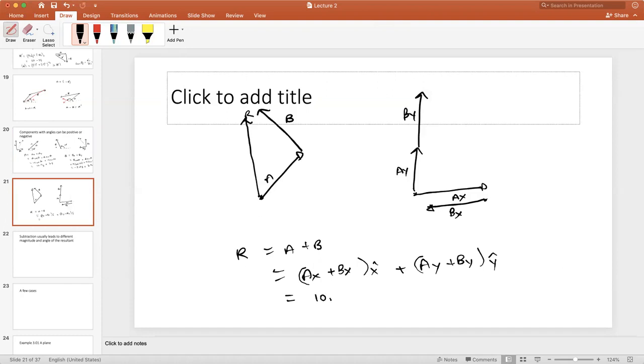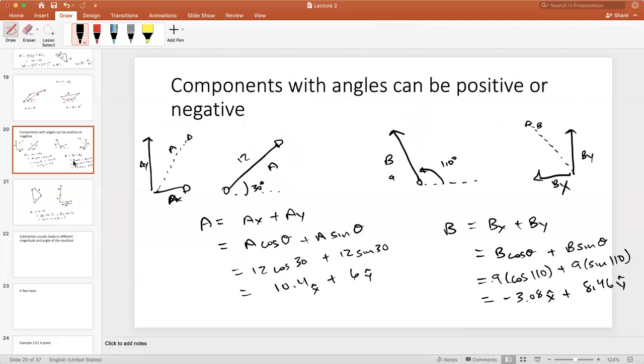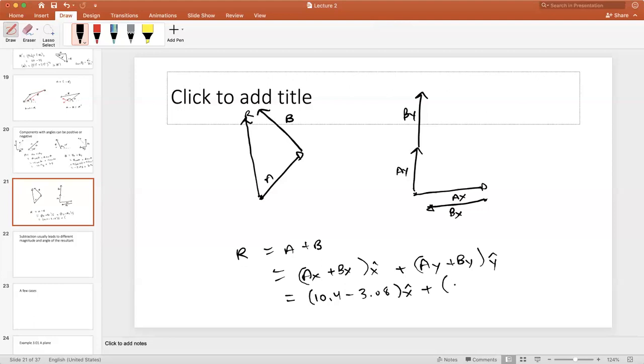So this is 10.4 minus 3.08 in the X hat, plus 6 and 8.46 in the Y hat. And my resultant vector is 7.32 X hat plus 14.46 in the y hat.